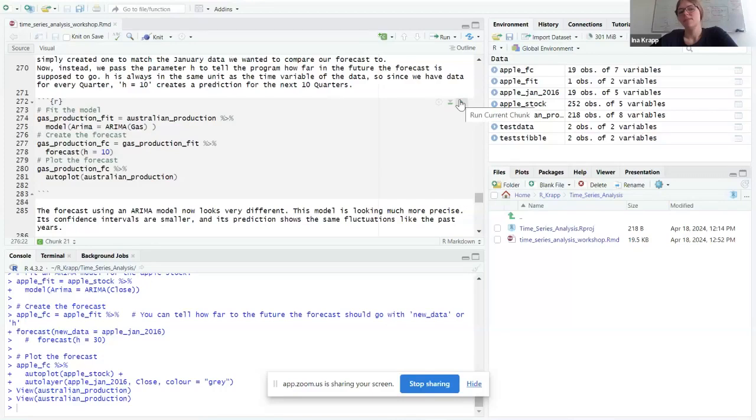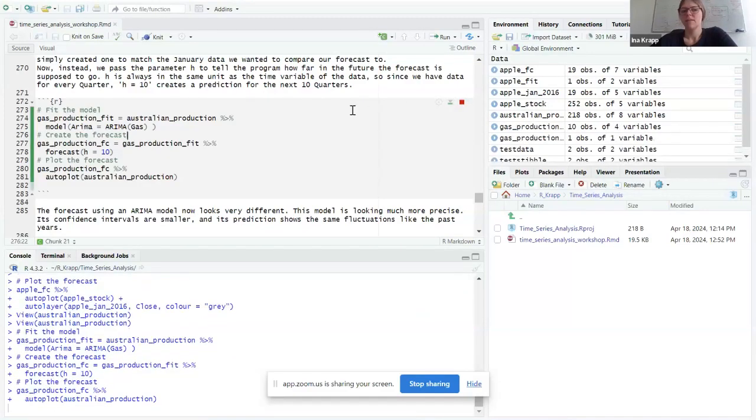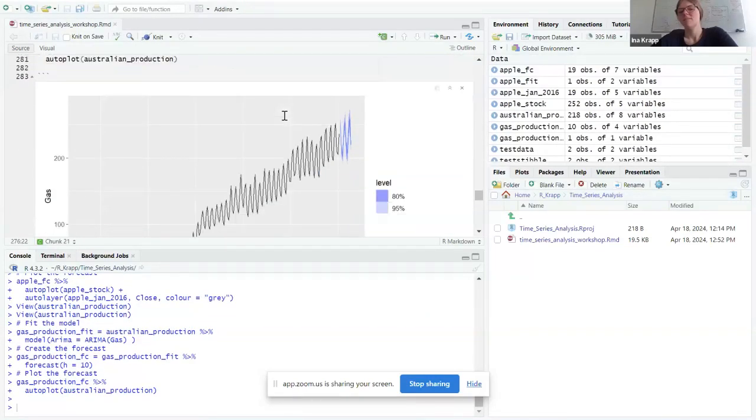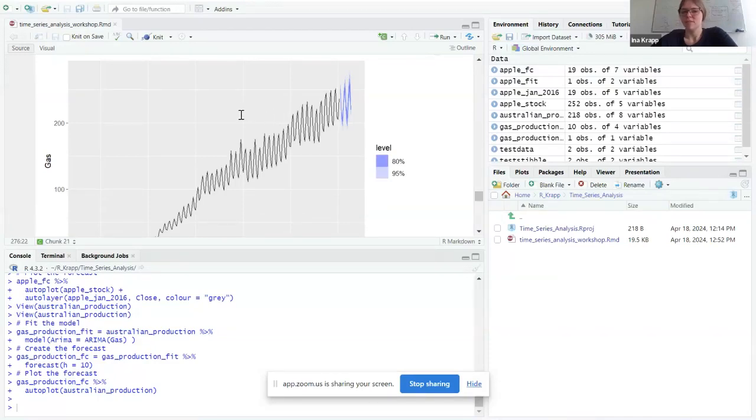I will run the code now and take a look at the forecast first. You see immediately that it is very, very different from the attempt to predict the stock market value. It's looking a lot more reasonable in the sense that it takes this fluctuating pattern of the gas production and continues it.